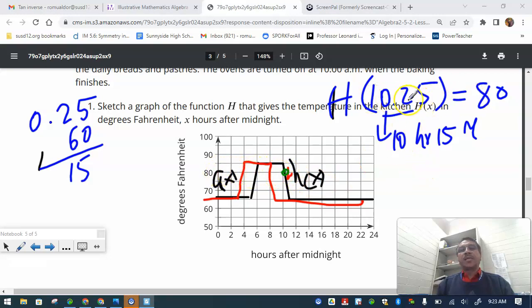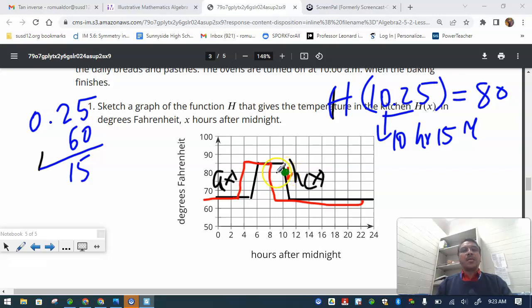So that's the meaning of this. You need to write down that it is 15 minutes past. Because they finish baking at 10 with the equipment off, the temperature starts dropping down to the thermostat setting. So this means at 10 hours 15 minutes past, the temperature is 80.